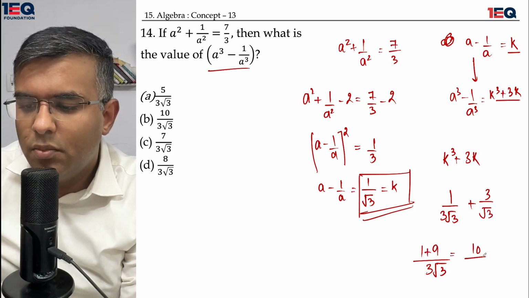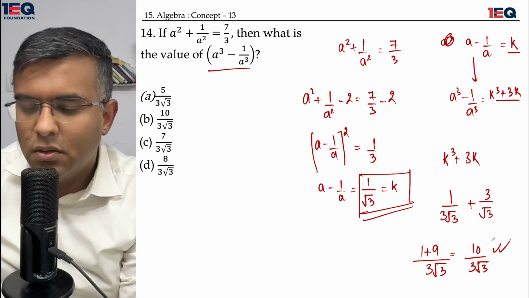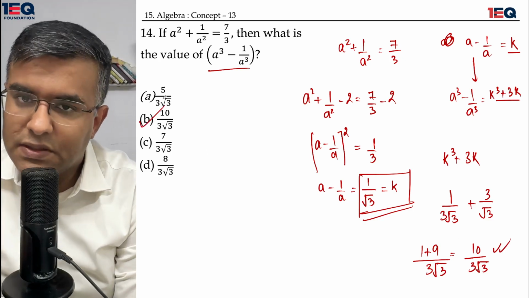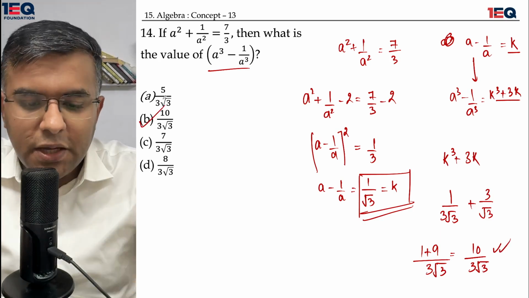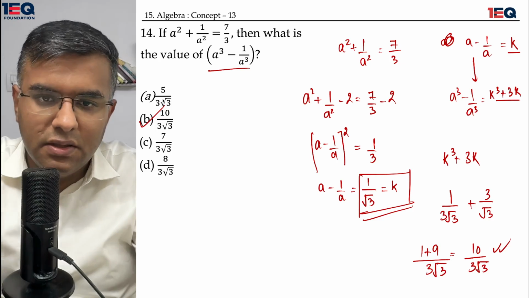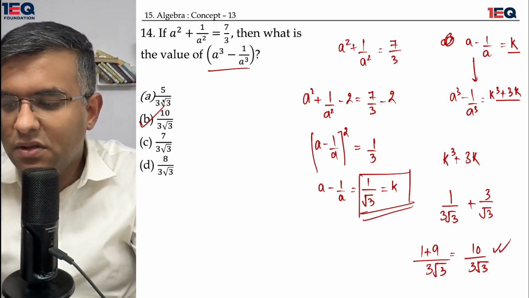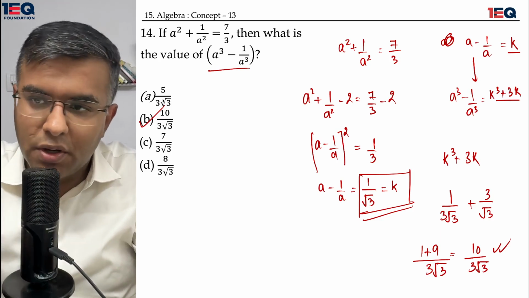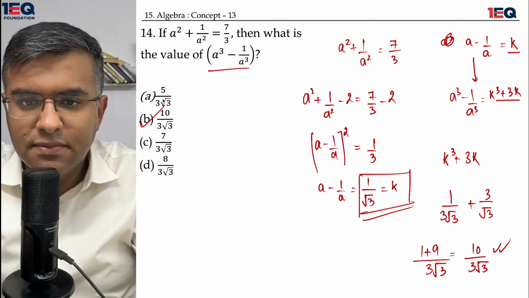This would become 10 upon 3 root 3, which is my final answer. Okay, that is why the questions or the examples or the formulas which I have taught you in the past are very, very important. Right? Let's move ahead again.